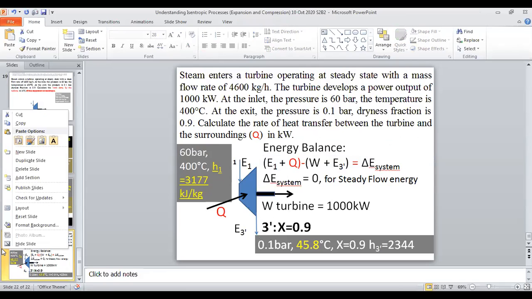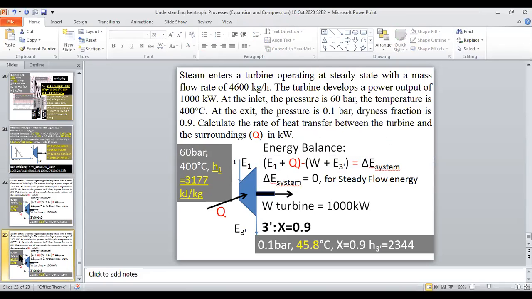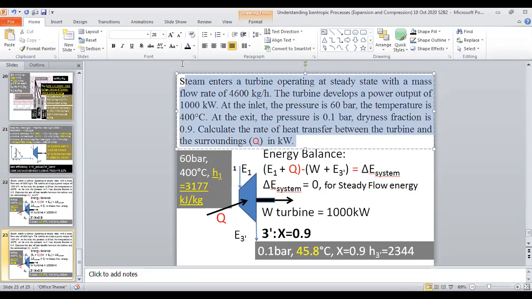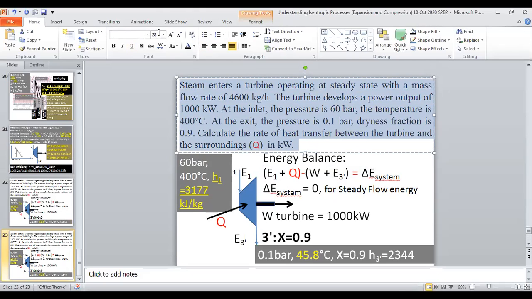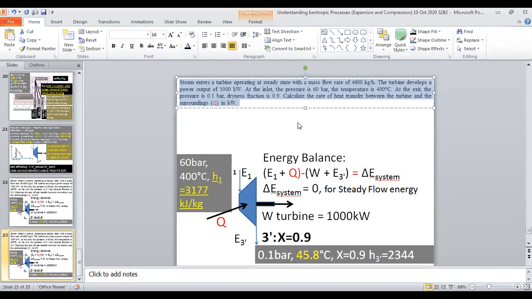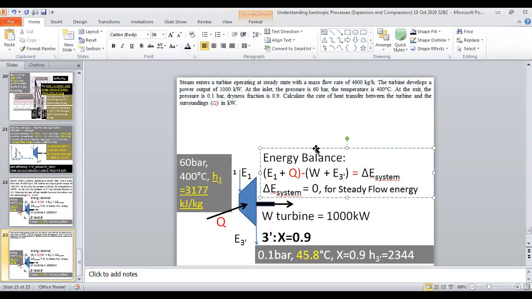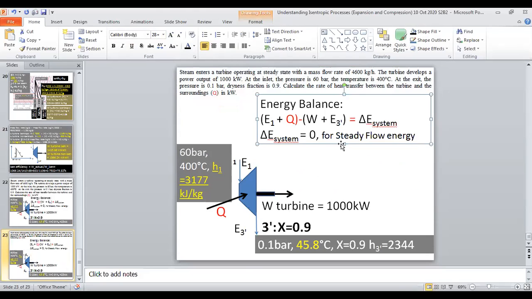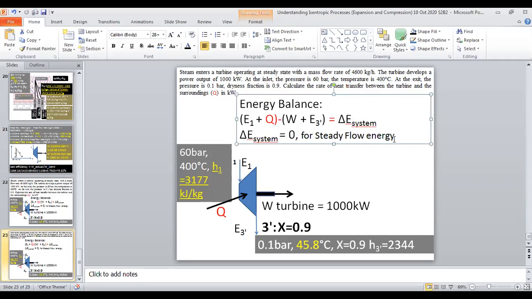I have to go to a new slide. With this assumption, let me make the question a bit smaller in font size. For steady flow energy, delta E is 0, so we can have this expression.